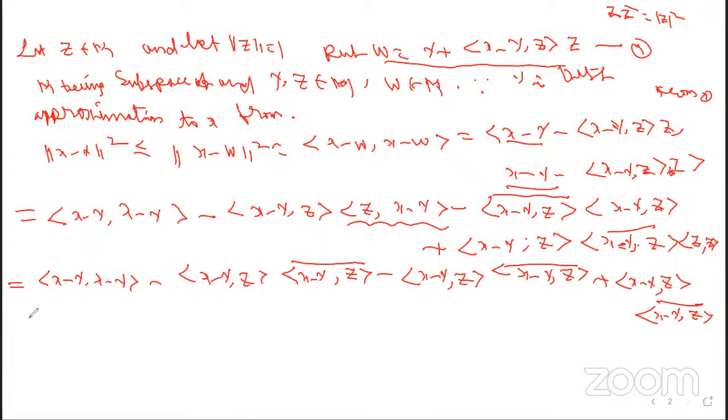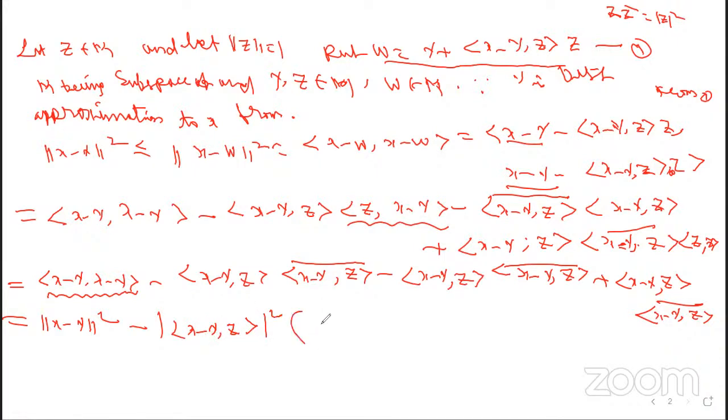Observe here, from inner product to norm, what we'll write? Norm of x minus y whole square minus modulus of inner product of x minus y comma z whole square.